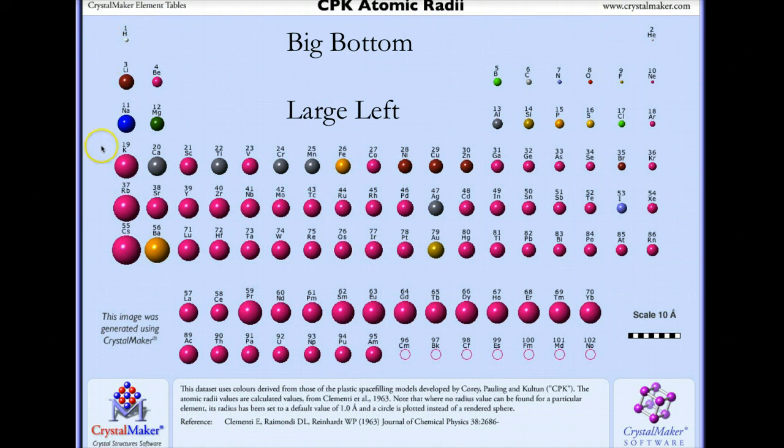So as we go to the bottom of the periodic table, the radius is getting bigger, and as we go from right to left on the periodic table, the radius is also getting bigger. So the biggest radius is going to be here, big bottom, large left.